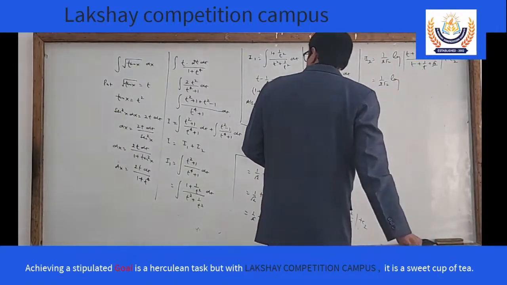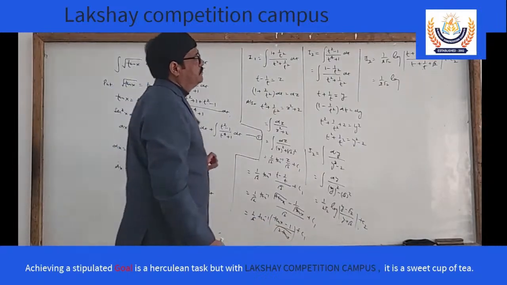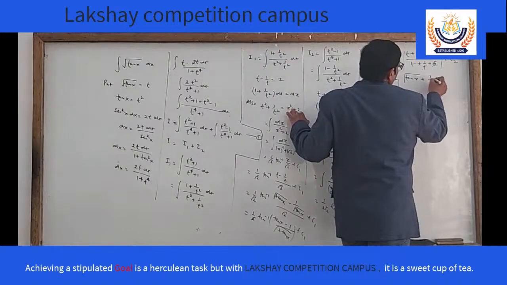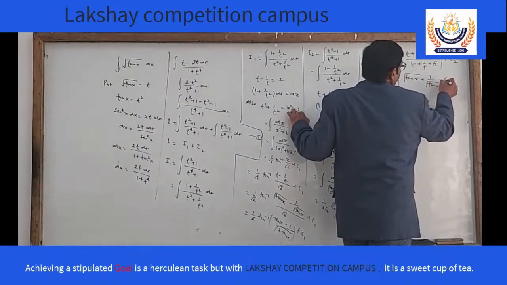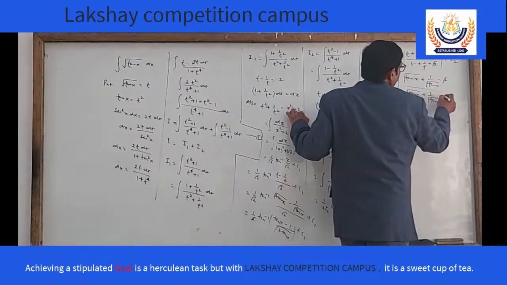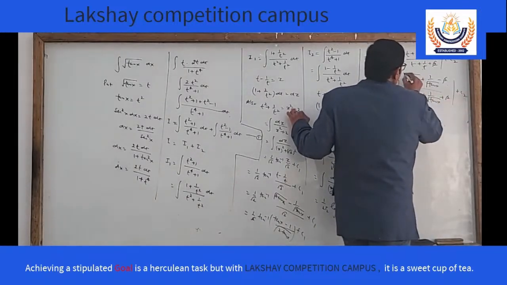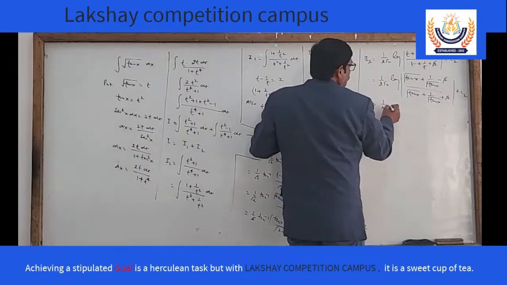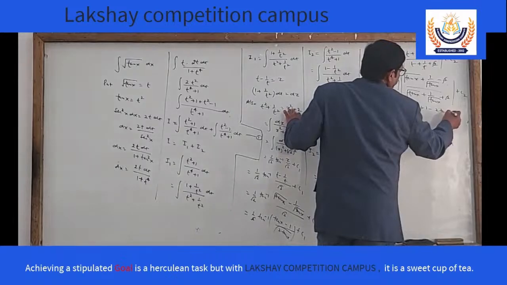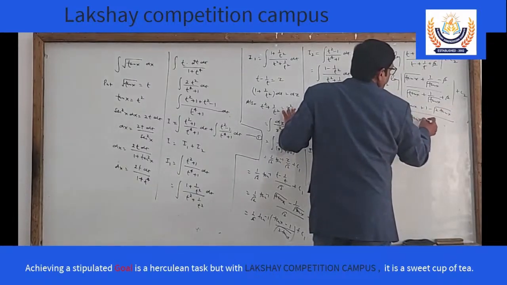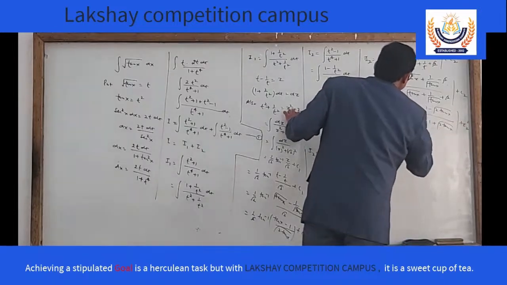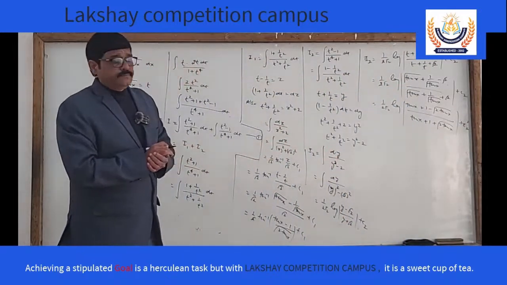Root tan x. Putting that in, we have 1 by 2 root 2 log of (tan x plus 1 minus root 2 root tan x) upon (tan x plus 1 plus root 2 root tan x) plus constant. This is the integration of the second part.